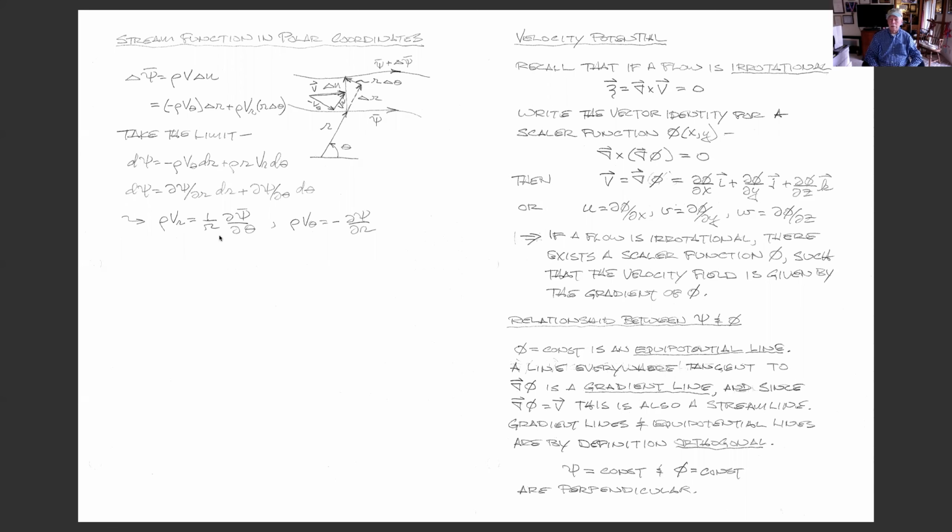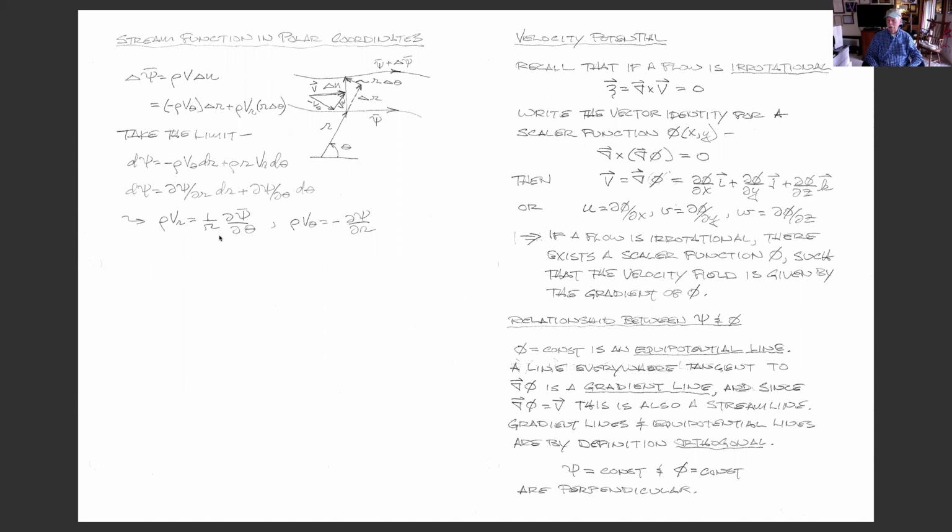And remember, we said if a flow is irrotational, del cross v is equal to 0 everywhere. That doesn't restrict us much because, as I said before, absent viscosity, you can't have rotational flow because you can't apply a couple to create rotation.